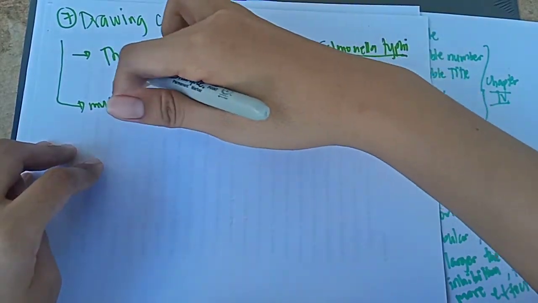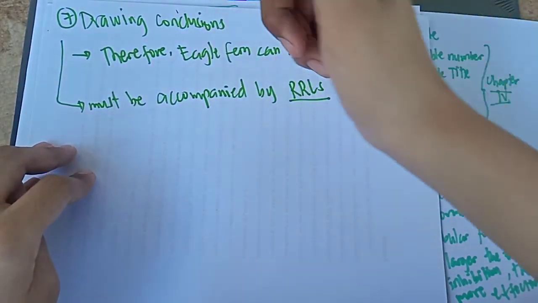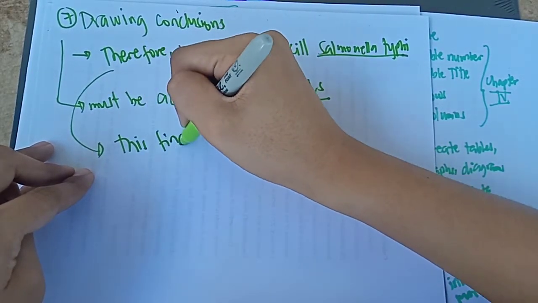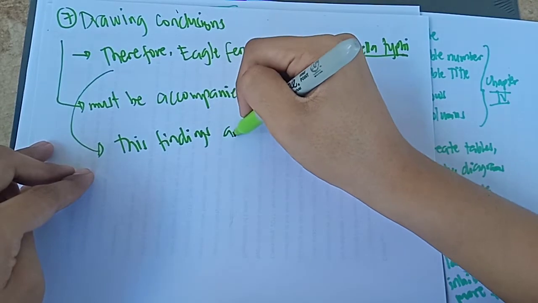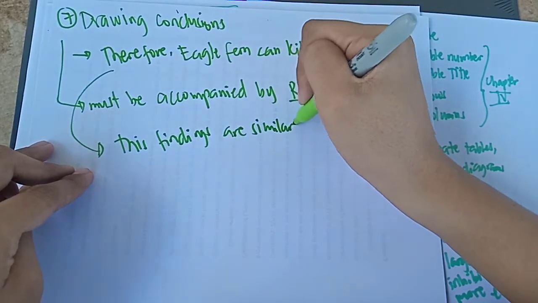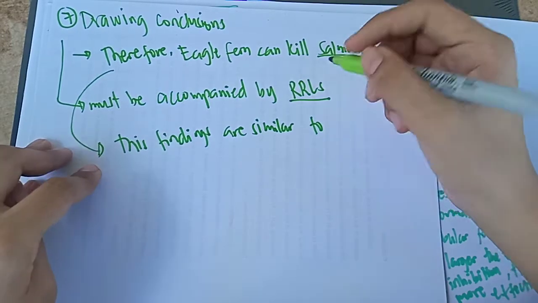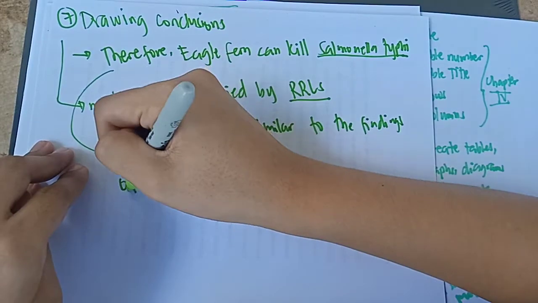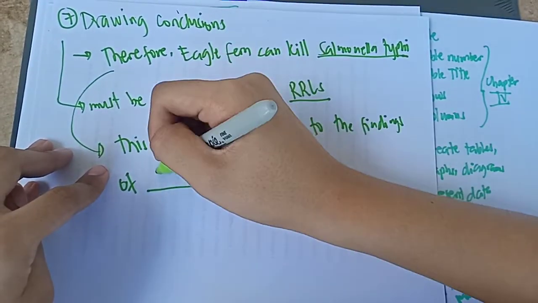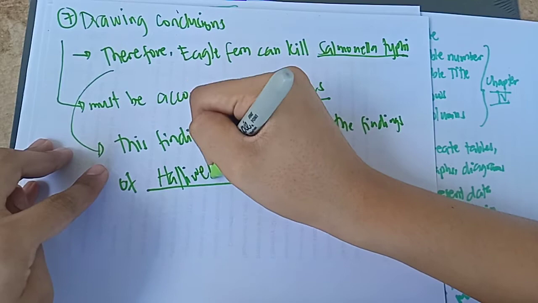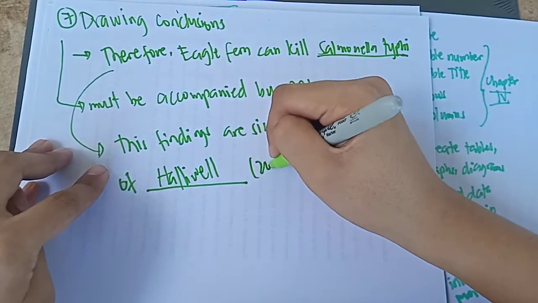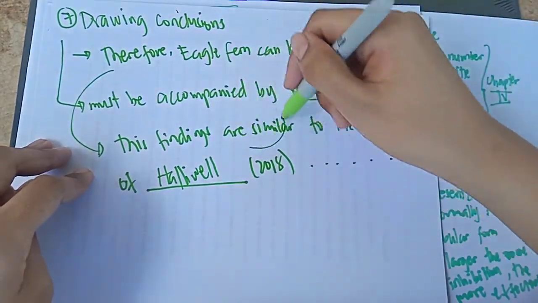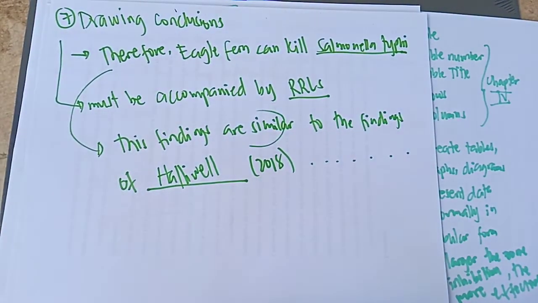Meaning to say, after we concluded, therefore, eagle fern can kill Salmonella typhi, it must be followed by, these findings are similar to the findings of, let's say you cited the author, Halliwell, then you cite the date, 2018. Then you state how it is similar to the study. So that is how we draw conclusions.